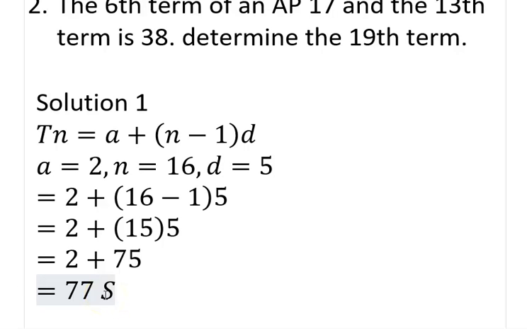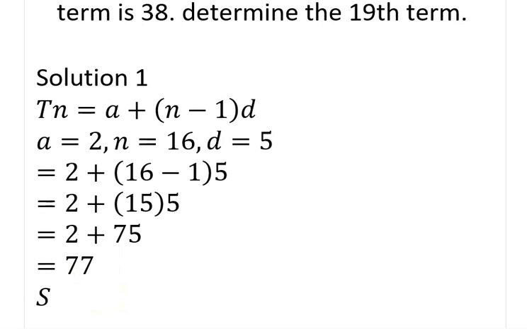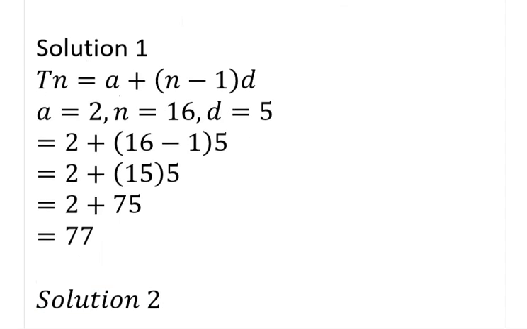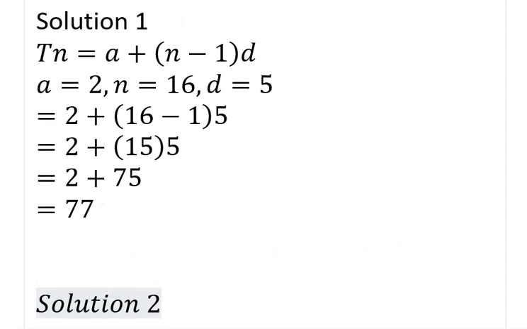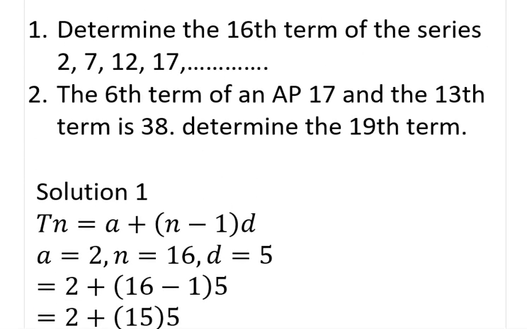That's for solution number 1. So let's say solution number 2. Solution 2. Now, unlike this question, we are given a series. So from that series, we know our first term, we know our common difference.